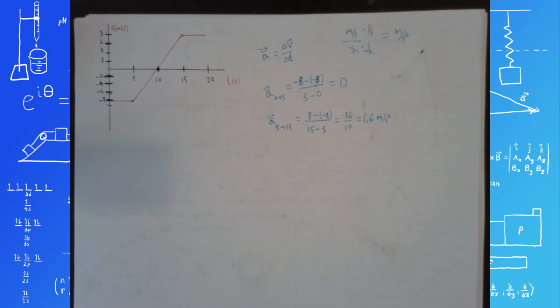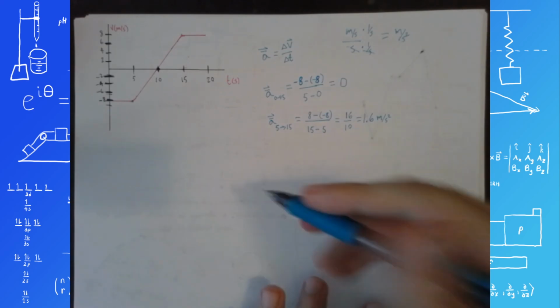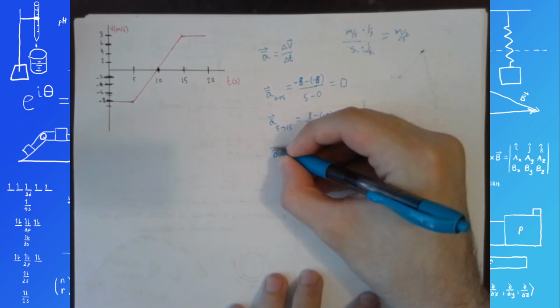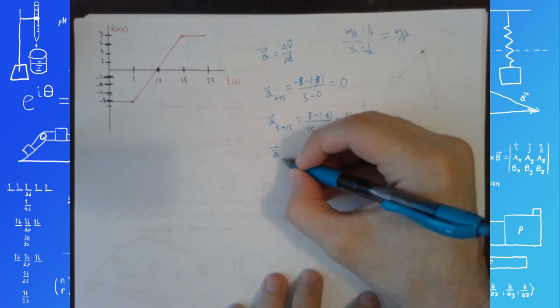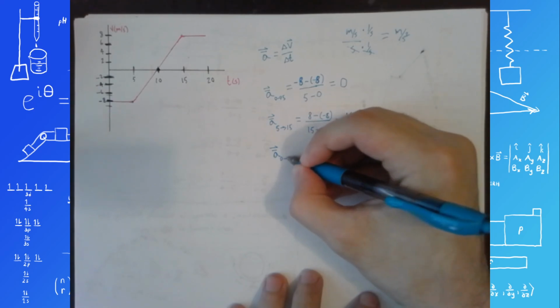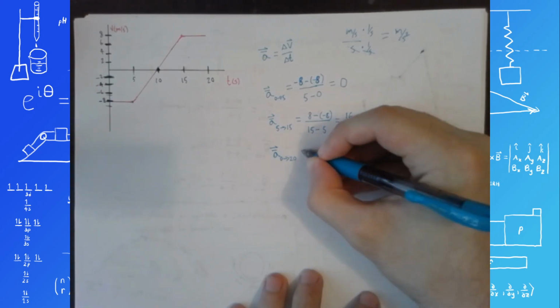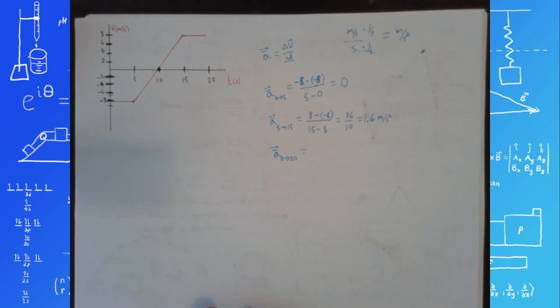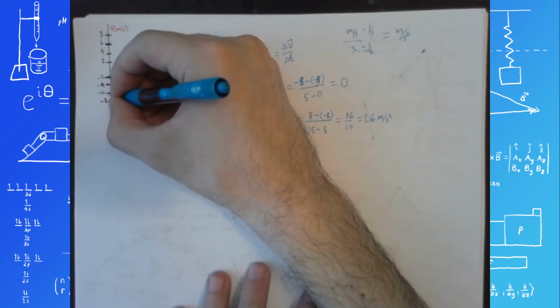And finally, they asked us for average acceleration between 0 and 20. Okay, let's see. This time I'm just going to draw an actual line.